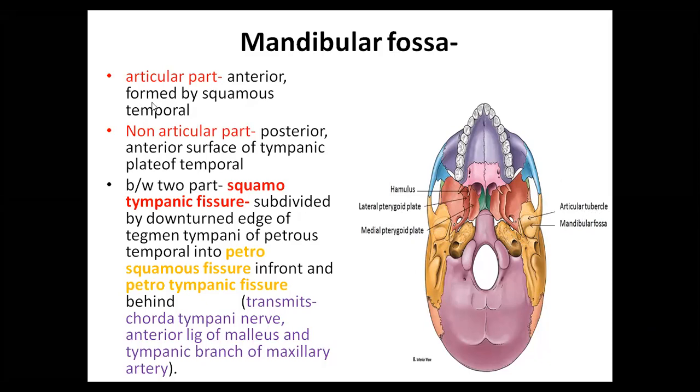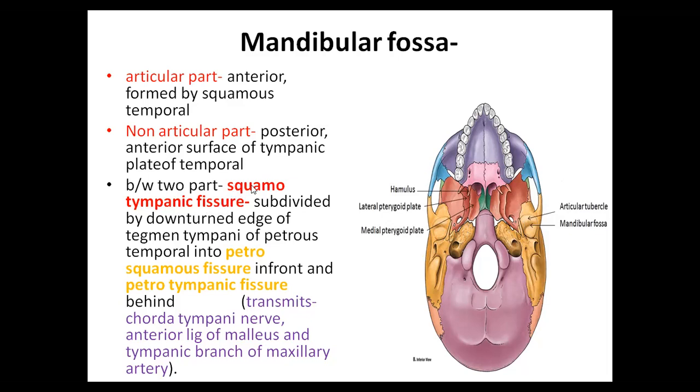The anterior part is formed by the squamous, the smooth part of the temporal bone, and the non-articular part is formed by the tympanic plate of the temporal bone. Between these two there is a small fissure called the squamotympanic fissure.